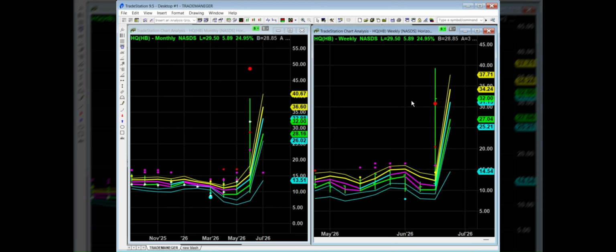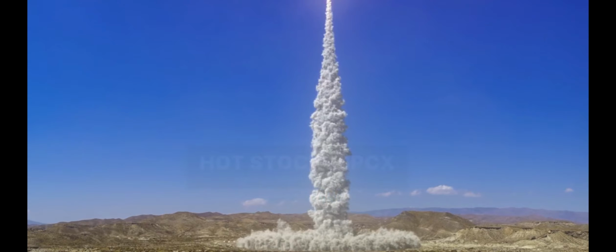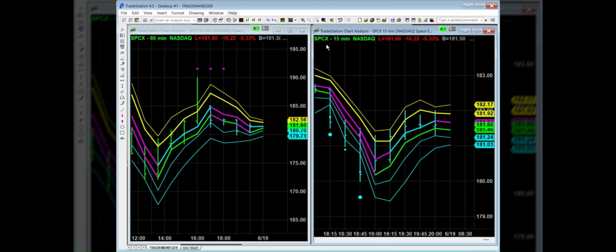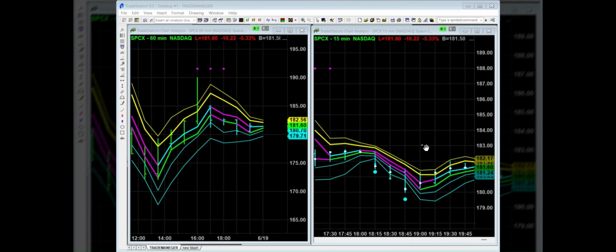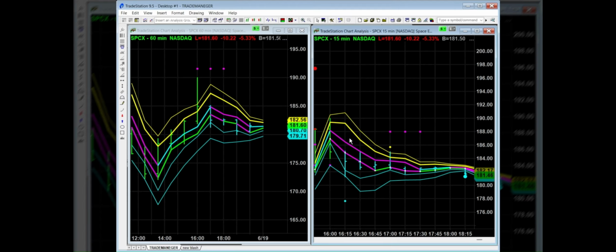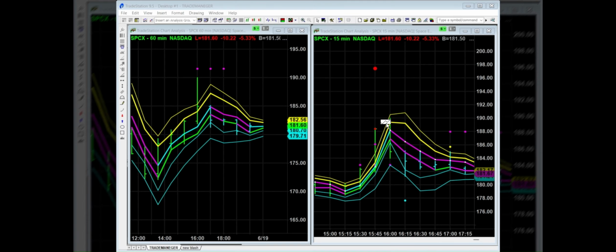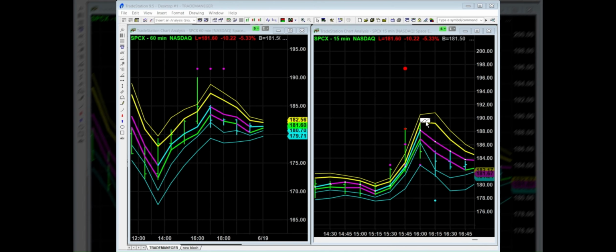And let's look at the SPCX hot stock in the previous 2 weeks. For this 15 minutes chart, you can also look at these trend lines. You will get an idea about when it has the potential to increase and when it has the potential to decrease. So look at this SpaceX.